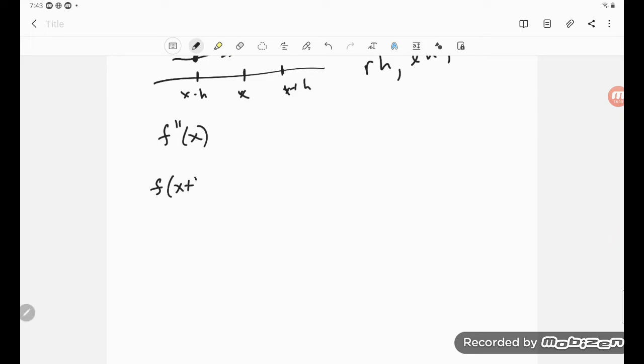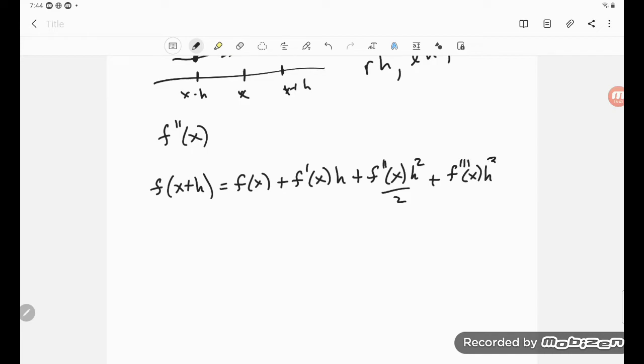We've got f of x plus h equals f of x plus f prime of x h plus f double prime of x h squared over 2 plus f triple prime of x h cubed over 3 factorial. And I've got a little room, so we'll go to the fourth derivative, h to the fourth over 4 factorial.